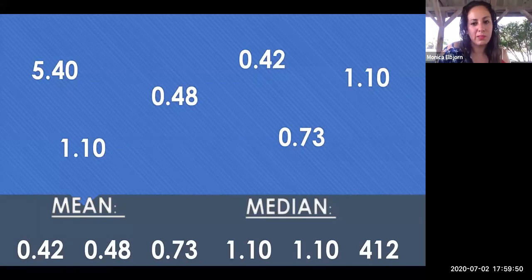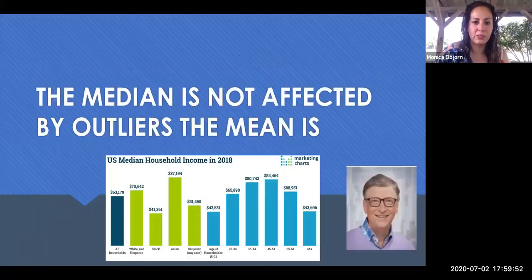Another example of an outlier would be Bill Gates. So why do they use US median household income in 2018 and they don't use mean? They have that data. They could have said the mean for an average, but it'd be thrown off because Bill Gates makes billions. Me, probably I'll make billions in the future, but right now I'm making thousands.